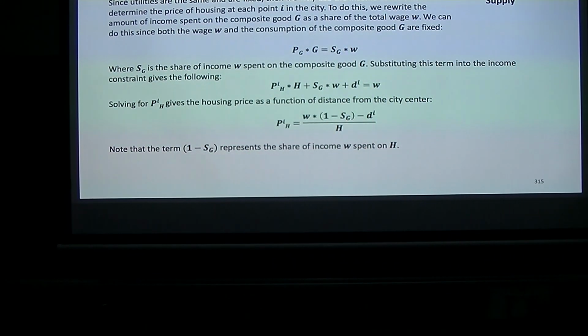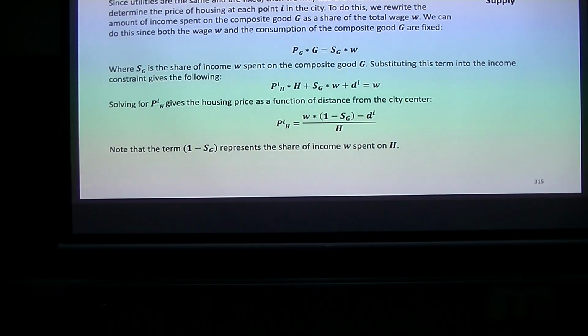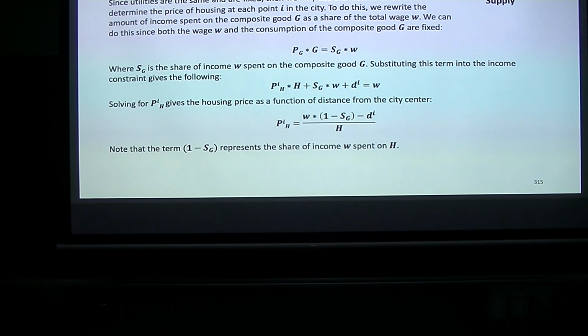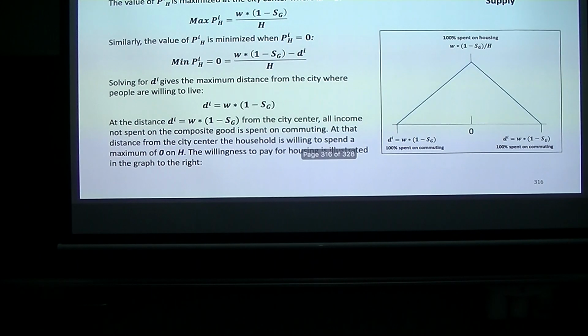And that's what reality is. The further you go outside of Tokyo, the center of Tokyo, the housing prices fall. It's very easy, very clear, and it has a kind of circular pattern.